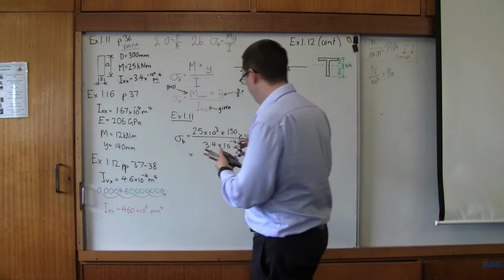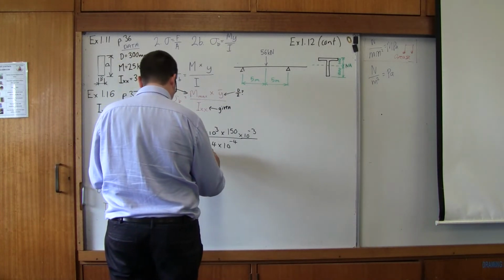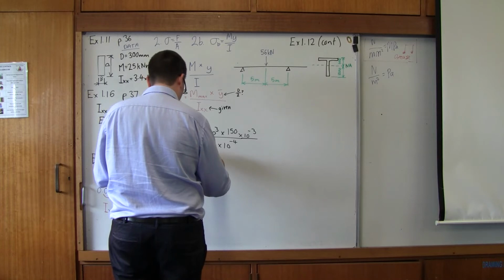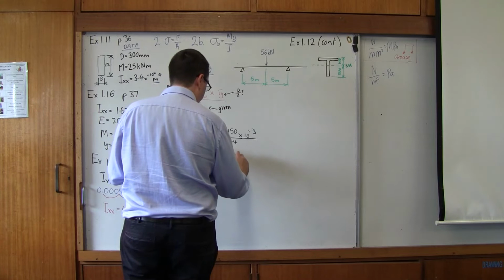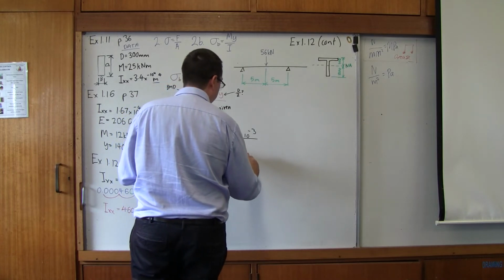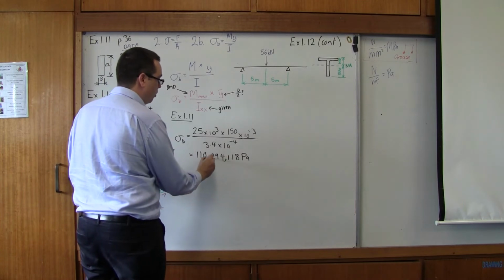Okay. 110,294,118. Is that what you guys got? Yeah. Now that answer is in pascals. So what we're going to do is take 2 commas away.